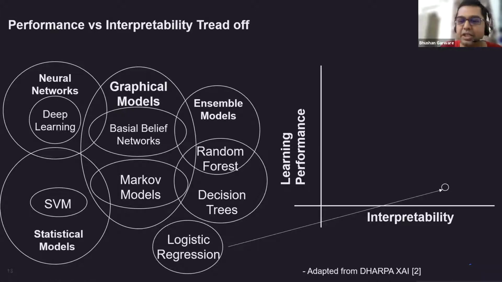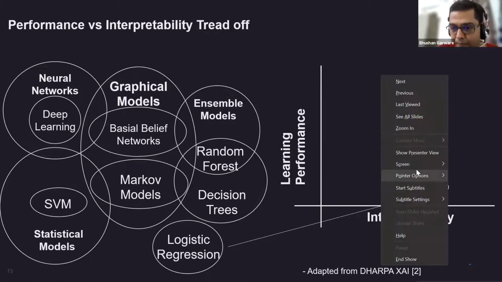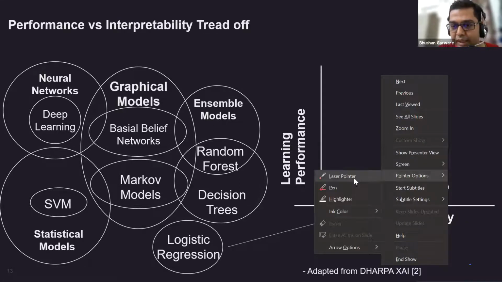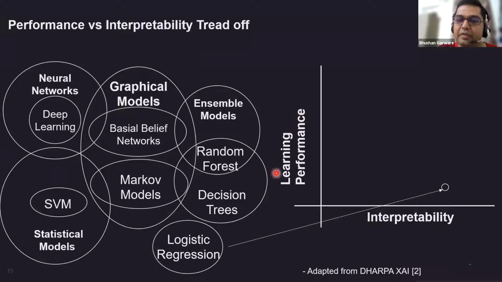It is a simple linear classifier. You know that real-life data is not linearly classifiable. It's complex data, but what logistic regression can do is draw a straight line on top of it. Because of that, the learning performance of this model is very low. So on this graph, I put logistic regression here, right?